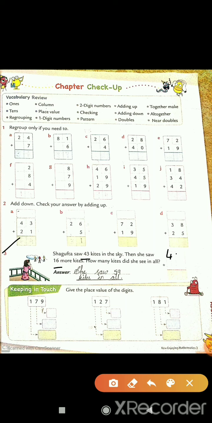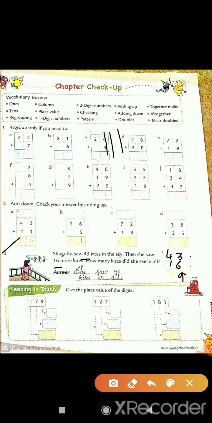So 43 plus 16. First add the ones. 3 plus 6. 6 is the bigger number. Then count forward 3 times. 7, 8, 9. So at the place of ones, write 9.